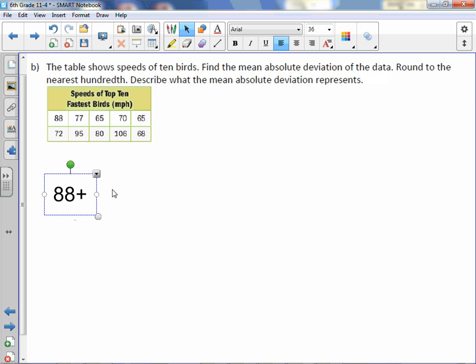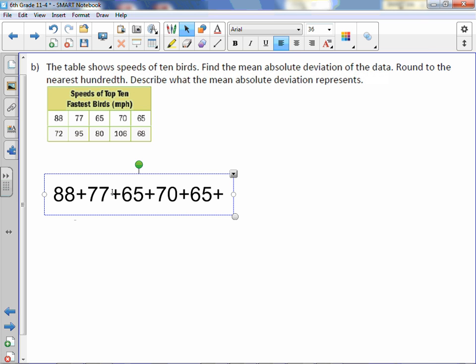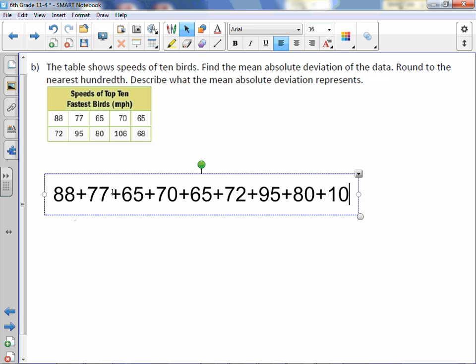So again, we're going to first start off by finding the mean. So let's add all these values together. 88 plus 77 plus 65 plus 70 plus 65 plus 72 plus 95 plus 80 plus 106 plus 68.